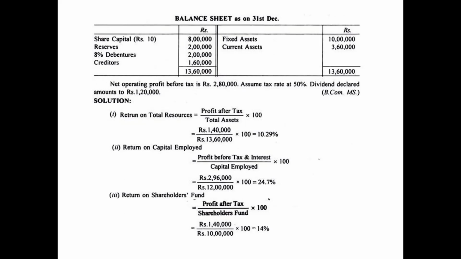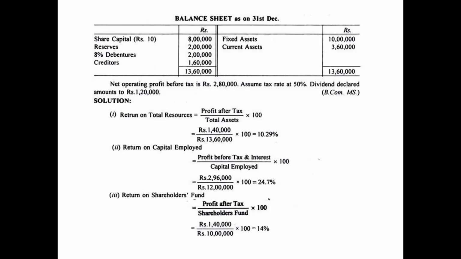So calculate 2,80,000 into 50%, which is 1,40,000. So you get profit after tax as 2,80,000 minus 1,40,000. You get 1,40,000 as your profit after tax, because 50% tax is deducted from 2,80,000. Total assets you can see in the balance sheet, 13,60,000, into 100, you get the ratio. Simple.